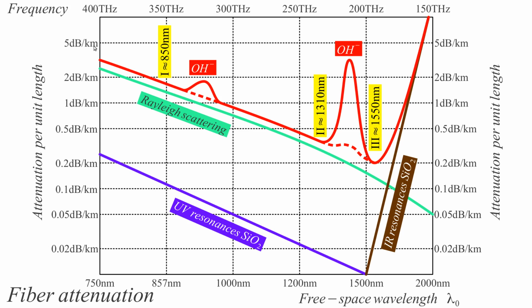And we see that glass has some natural limitations: it has electron resonances in the UV region, the ultraviolet region, and infrared molecular resonances, and these two define a minimum attenuation at about 1.5 micrometers. But glass is really an amorphous substance.